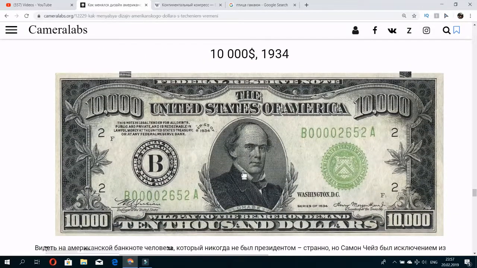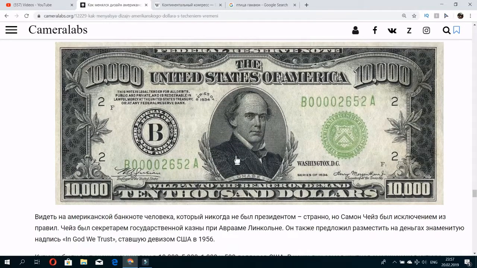And the $10,000 bill of 1934. On this American banknote, the person on the front was never a president, very, very strange. But this is Salmon Chase, and it was an exception from the rules.